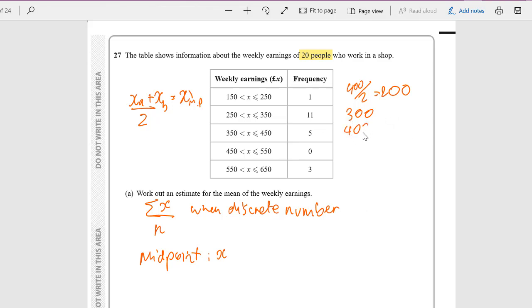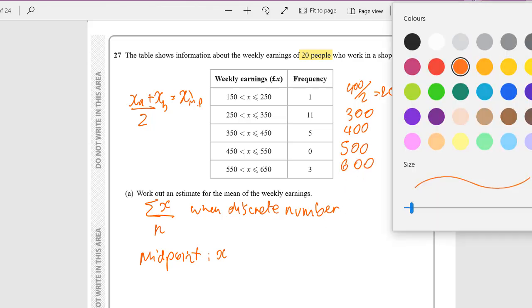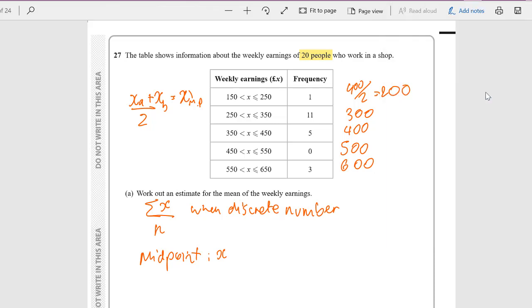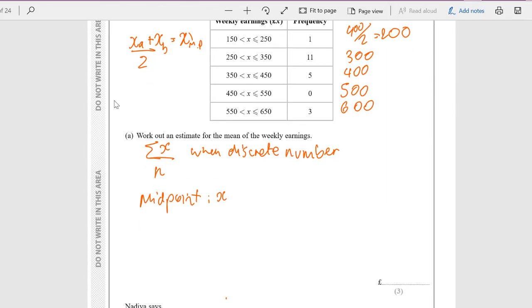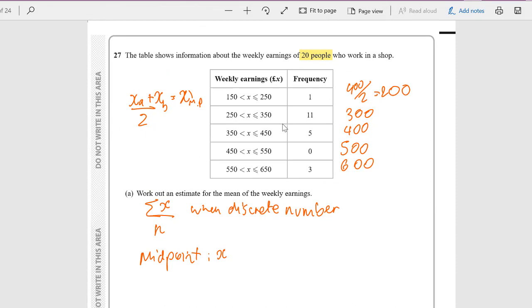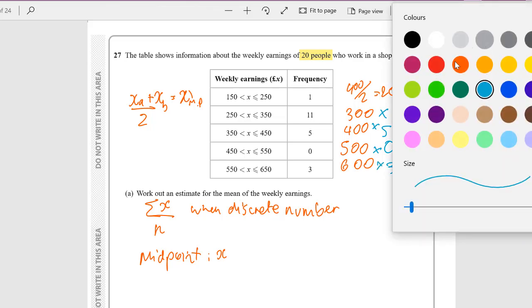So 300, 400, 500, and then 600. Okay, let's use a different color now. The next thing we want to do is multiply by the frequency. So here we have 1, so times by 1, times by 11, times by 5, multiply by 0, multiply by 3. So let's get our answers.